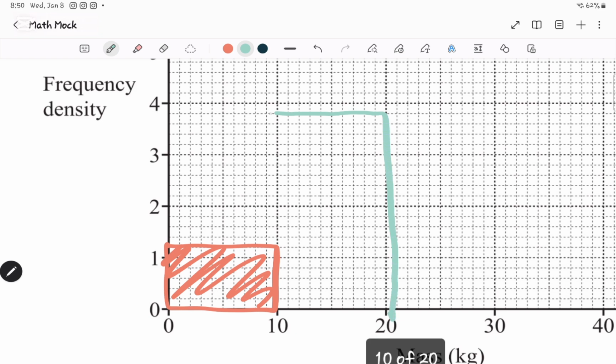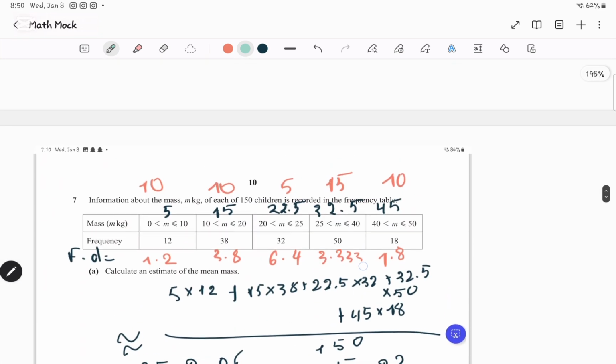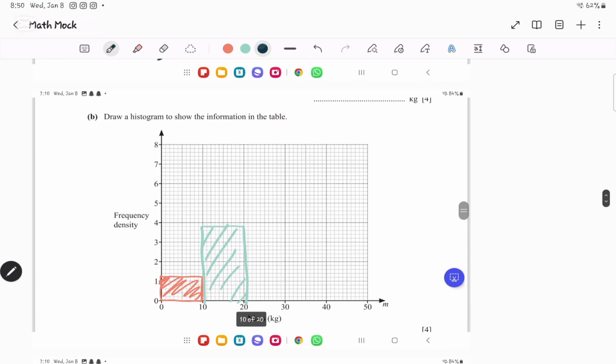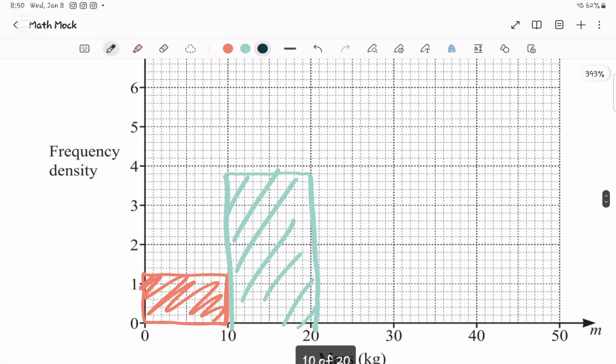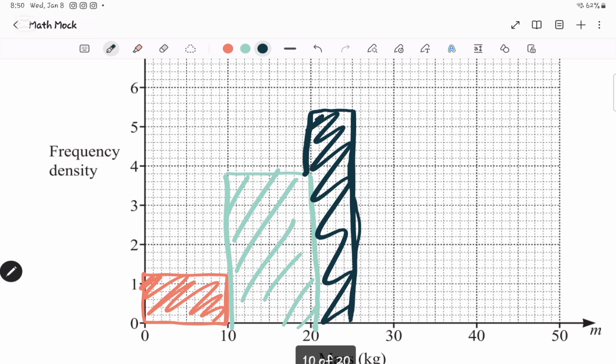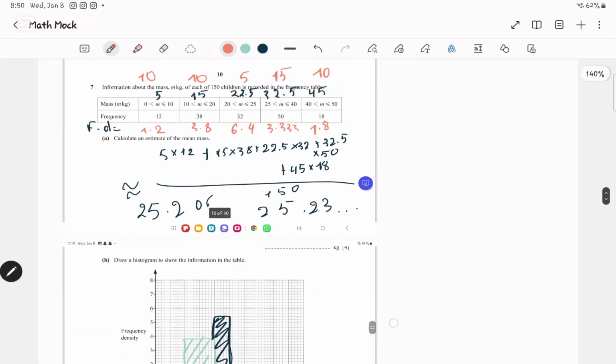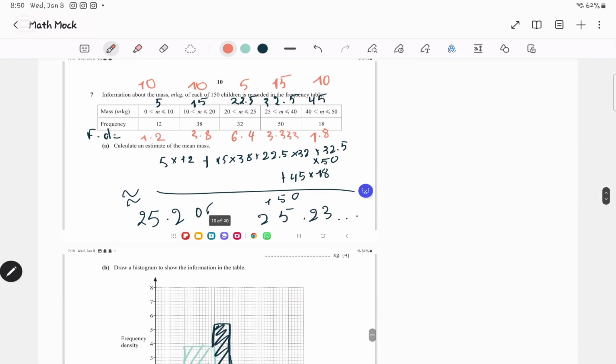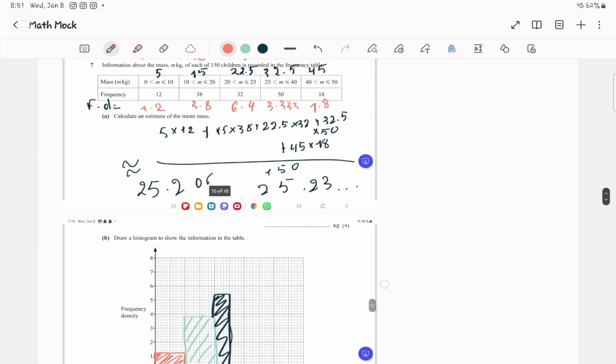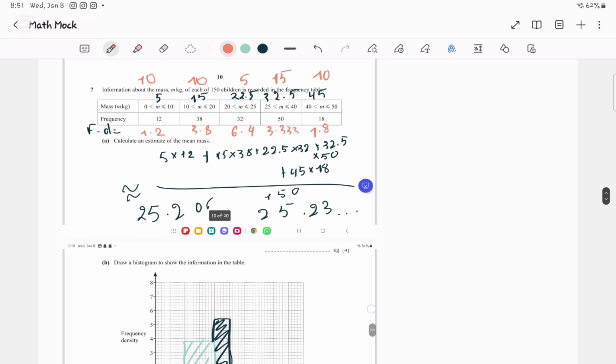So here and here. Then between 20 and 25, there was a height of 6.4. So here, approximately here. Then between 25 and 40, there was a height of 3.3 almost.